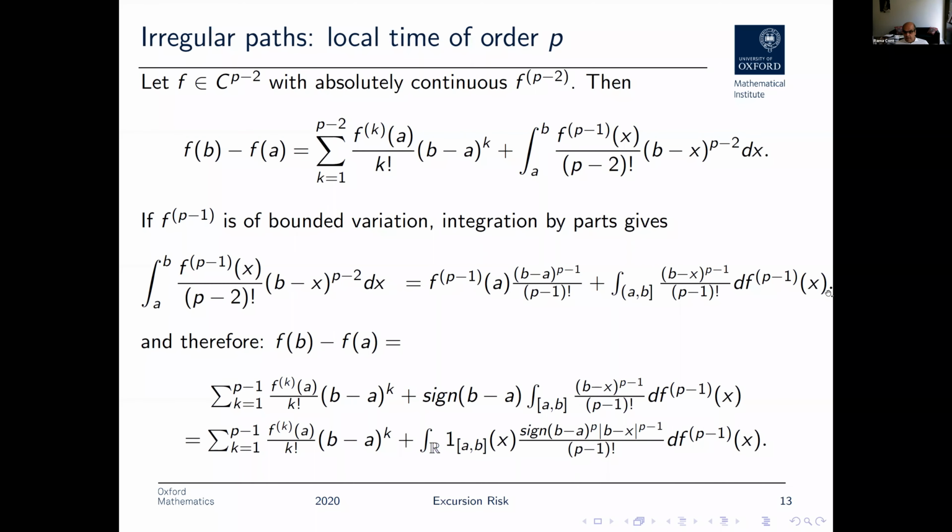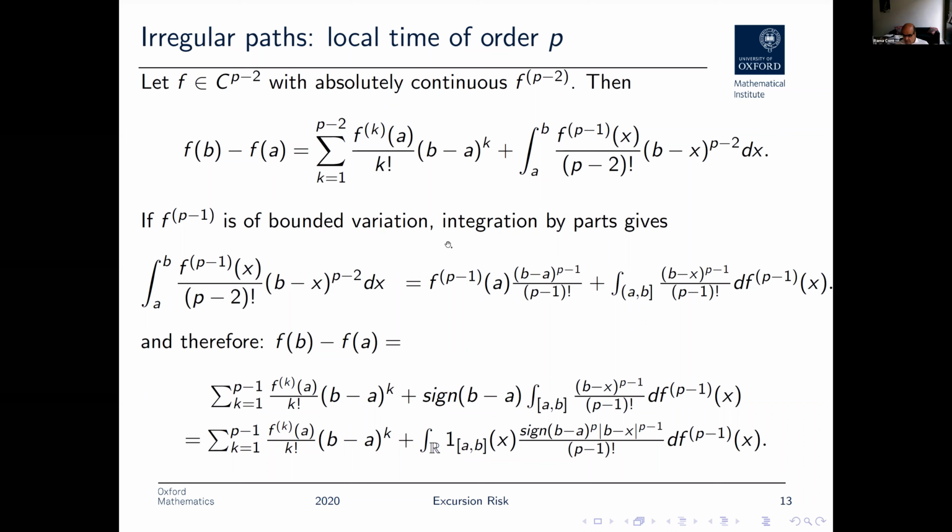So if I plug this remainder into my previous formula, it shows me that I can write the increment of f between 2 points as, well, now I go to order p. So now I add one more term here, this last p minus 1 term. And then the last term, I can either do this b minus a or a minus b, so I can write this as sign of b minus a, depending on whether b is greater than a or smaller.